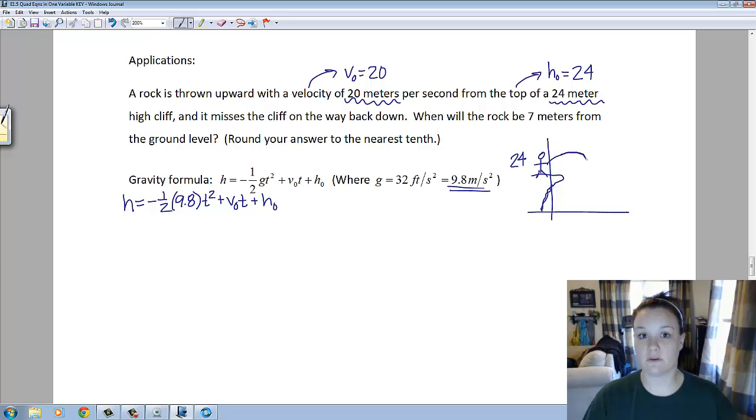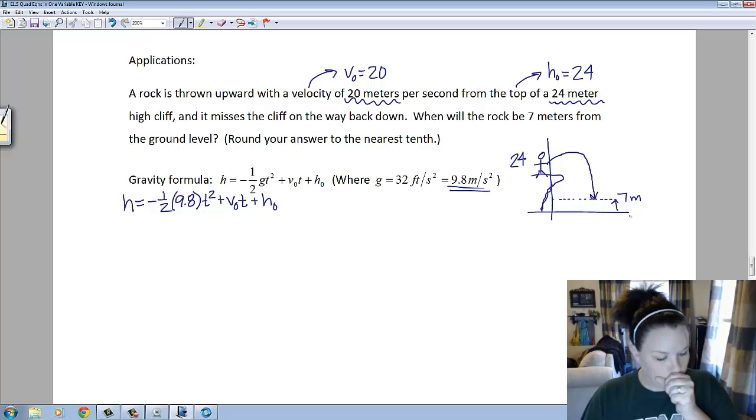So from here down is 7 meters. We're not looking for when it hits the ground, which would be easy because we know its height when it hits the ground is 0. We want to know when its height is going to be 7 meters from the ground. So its ending height is going to be 7.